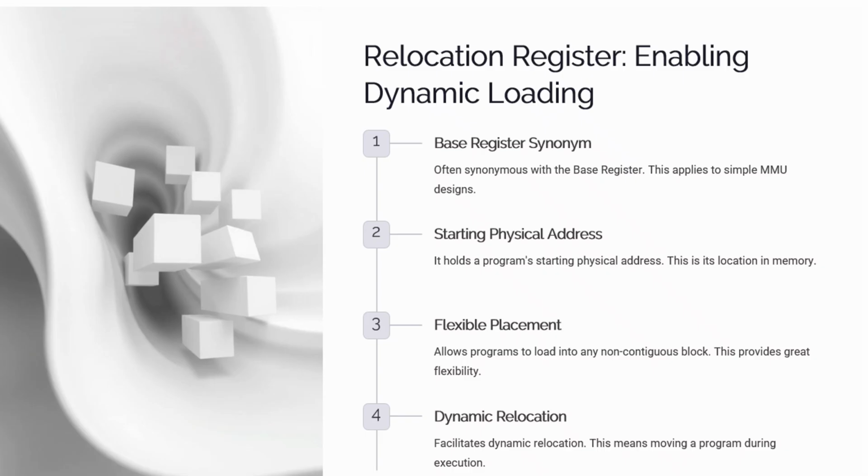This is also known as dynamic relocation, where programs can be moved during runtime to free up memory or balance load. This is especially useful in environments where many processes come and go, like modern operating systems, servers, or cloud computing. So, with the relocation register, memory is not rigid anymore. It becomes adaptive and flexible.